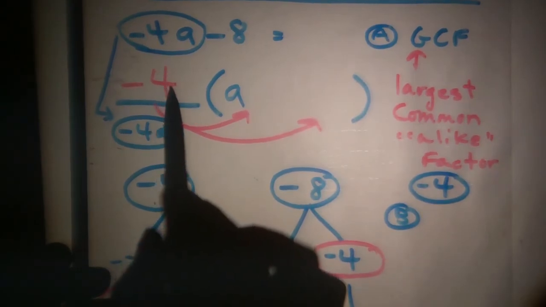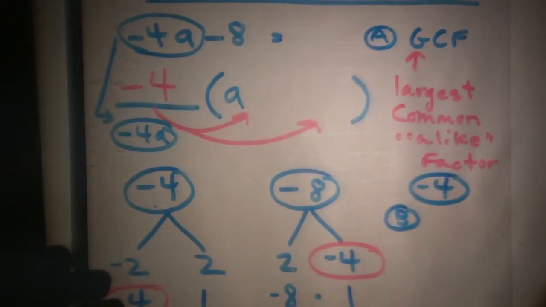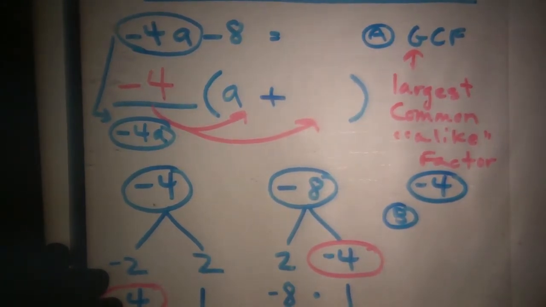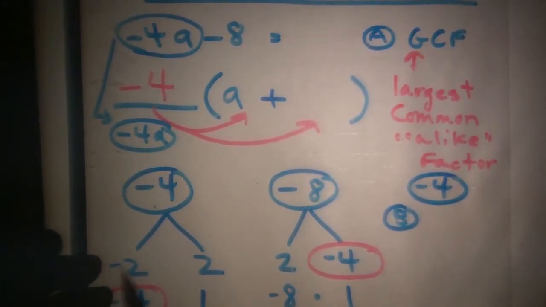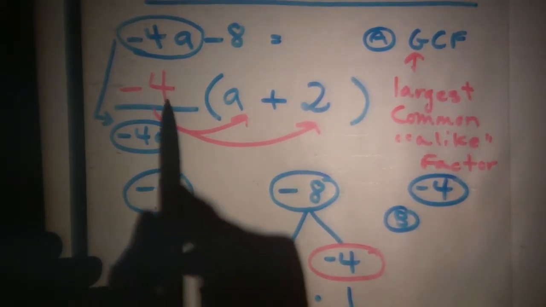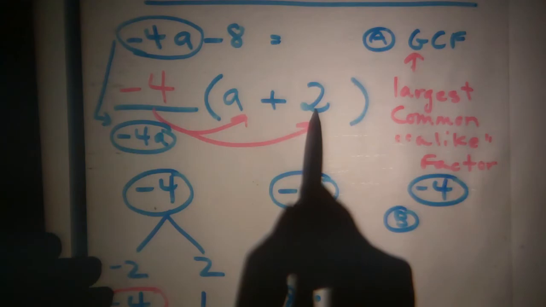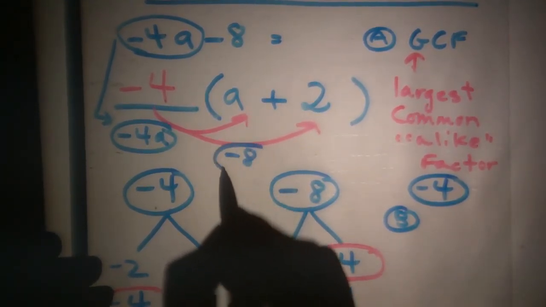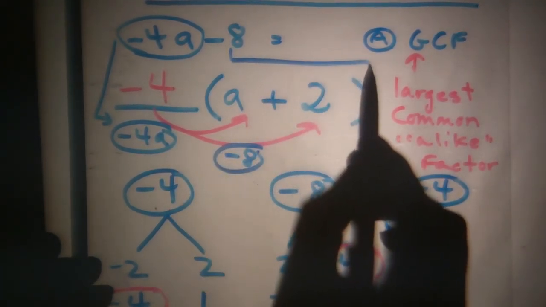Now, negative 4 times what equals a negative 8? Well, it's going to be a positive because a negative times a positive is a negative. And that would be 2. Let's see if that works. Negative 4 times 2 gives us a negative 8. Here's our negative 8 term.